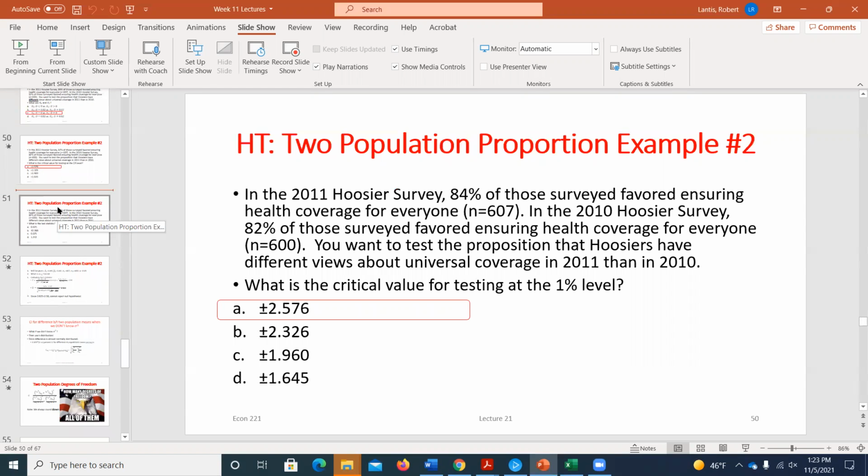I'll just expect you to know how to do sample mean examples when it comes to two populations. So if you have that formula sheet, I'll still give you the same one. But when it comes to the two population confidence intervals and two population hypothesis testing, you shouldn't have to use those equations at all.